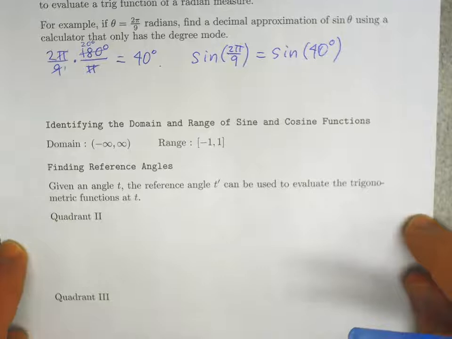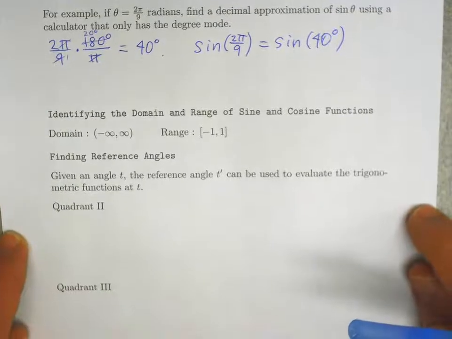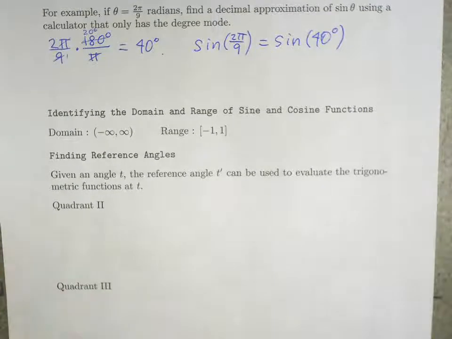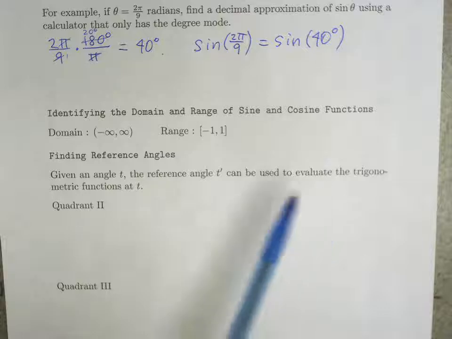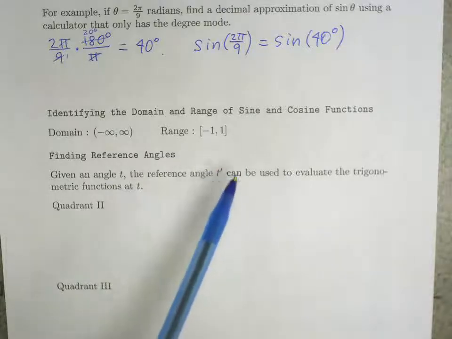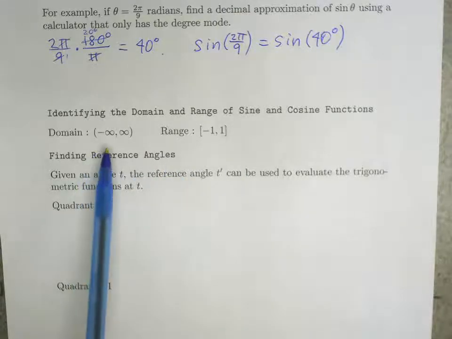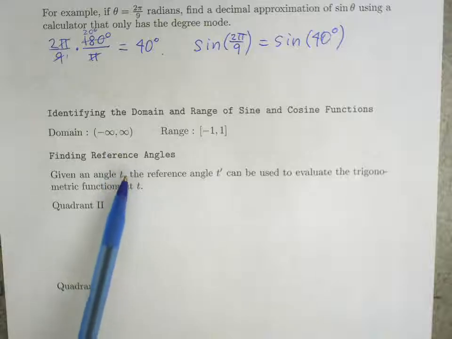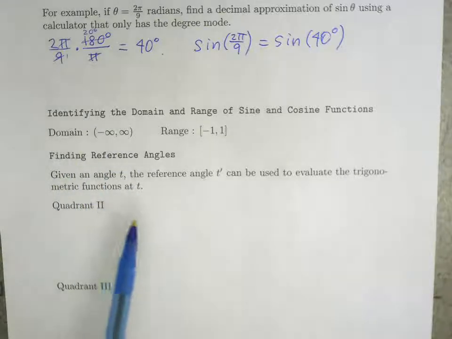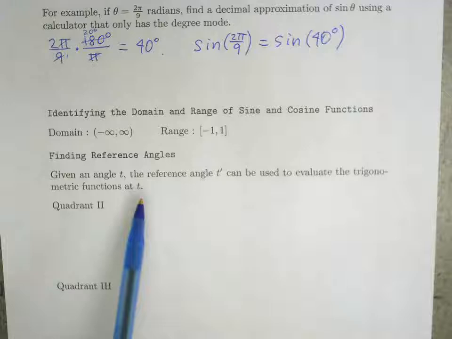Okay, here's a comment about the domain and range of sine and cosine functions. So the central angle can be any real number, because we can rotate any number of times that you want around the circle.